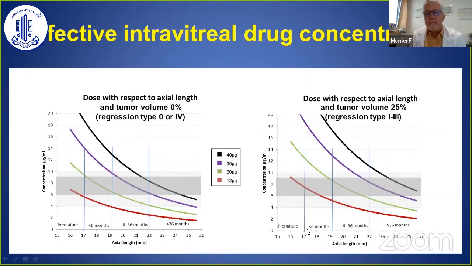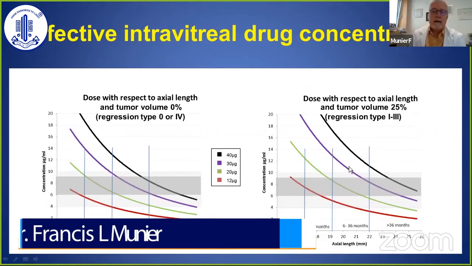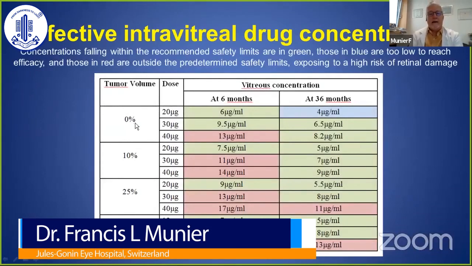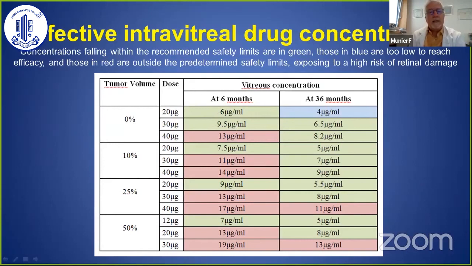And this is for type 4 regression, and this is on the right for a residual tumor volume in the eye of 25%. So it's shifting, of course, the curves. And then I have summarized the advised dose you have to inject according to age and residual tumor volume.